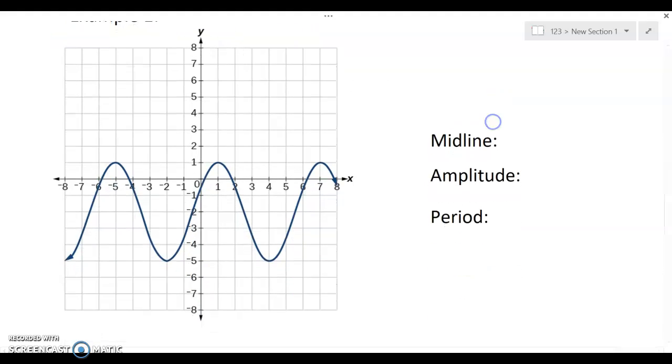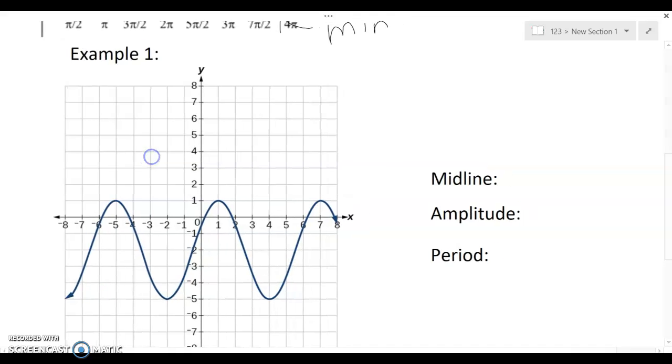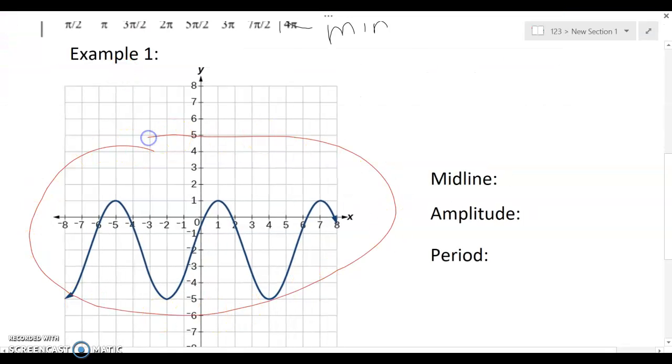Alright, so this would bring us to our very first example. We have a graph right here, and we have the features that we need to identify. Let's start with the midline, which is the easiest thing to do. The very first thing we need to identify is the maximum and minimum value of the graph.